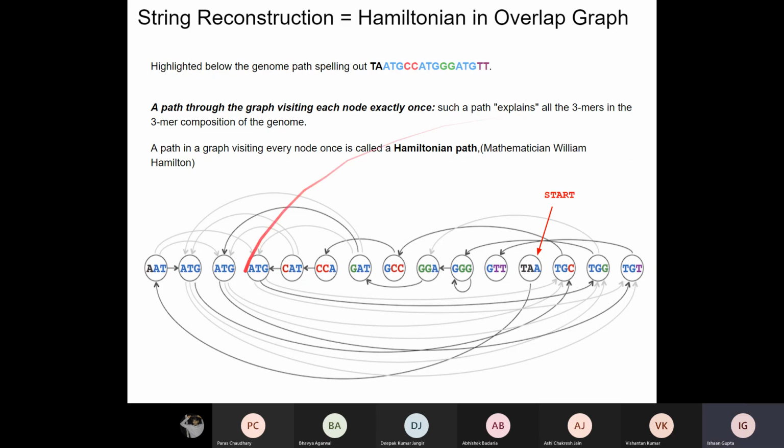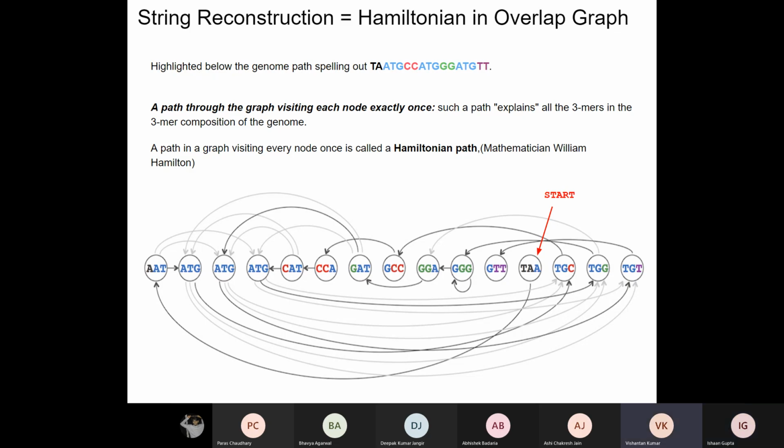In finding such a path, one problem is, where do you begin? Can somebody tell me why we began with TAA here and not any other node in this graph?